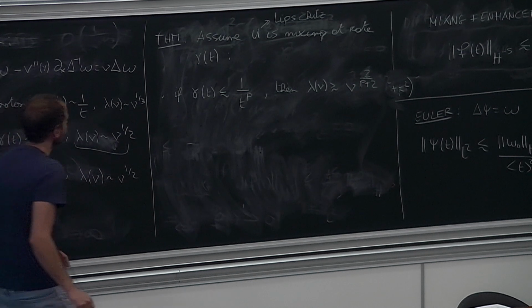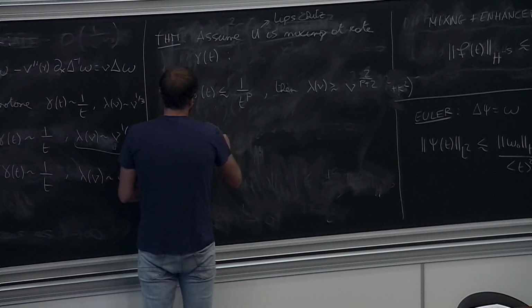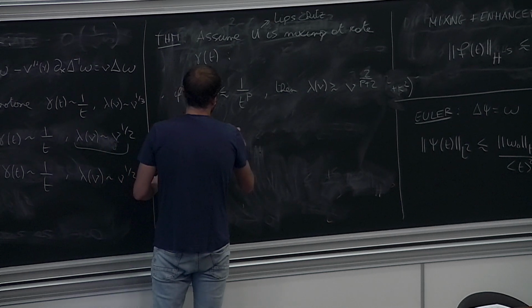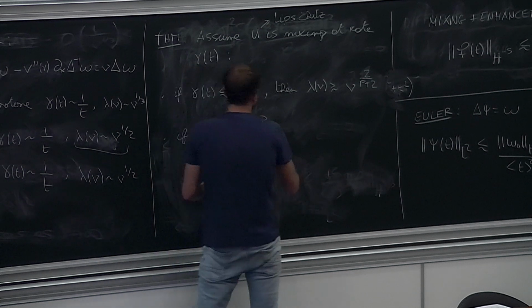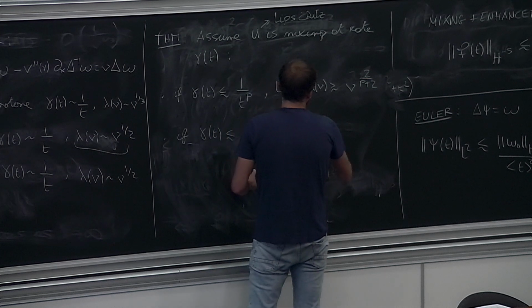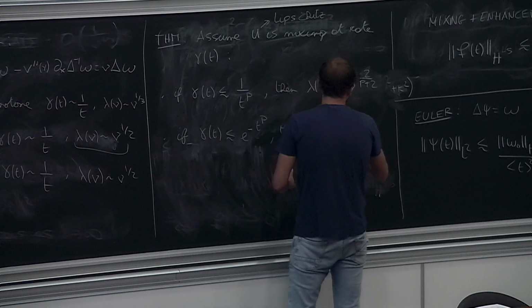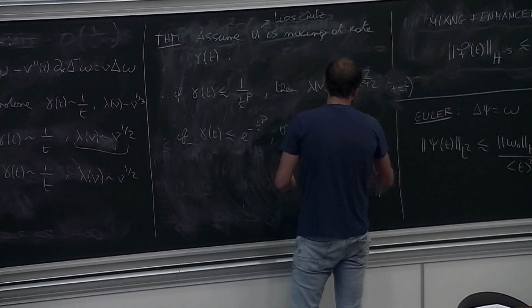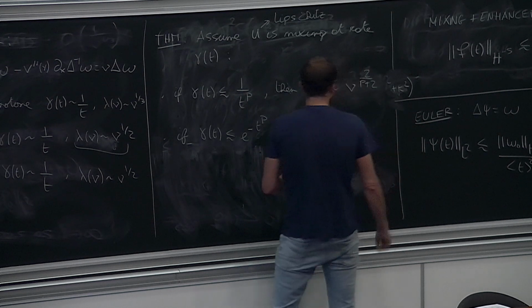Yeah, 2, okay. And if gamma of t is like e to the minus t to the p, then lambda nu is greater than or equal to 1 over log nu to the 2 over p.